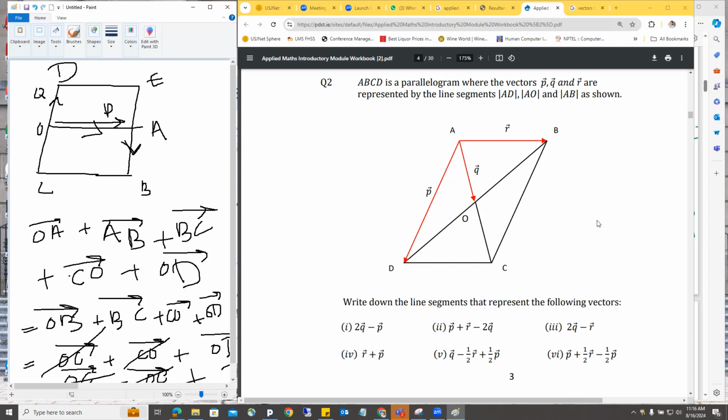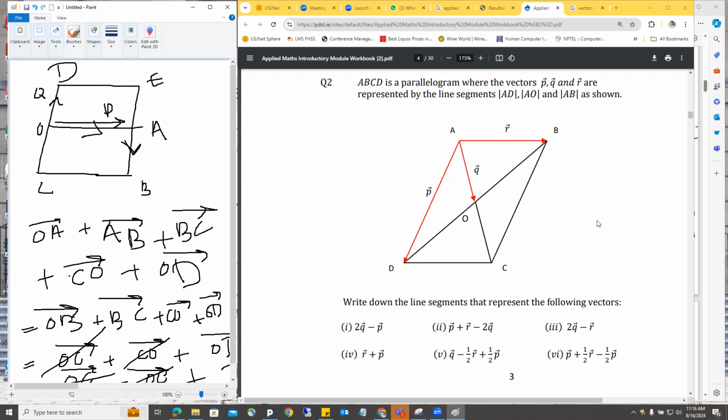So the question is, ABCD is a parallelogram where the vectors P, Q, and R are represented by the line segments AD, AO, and AB as shown.